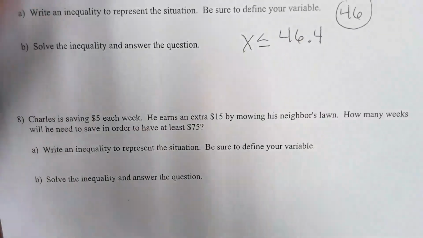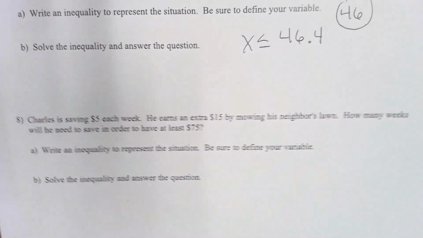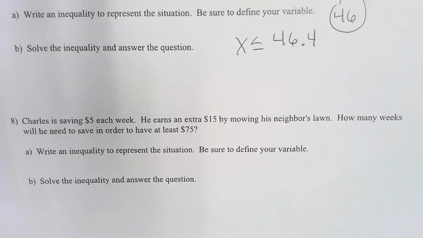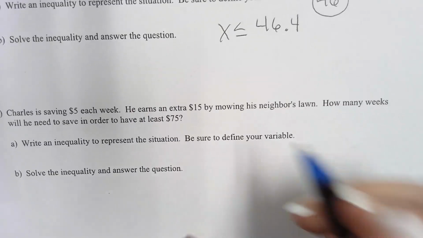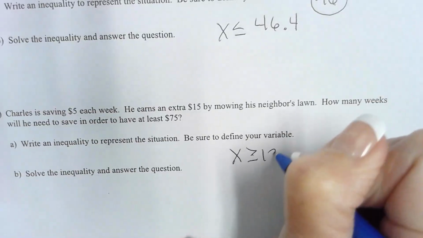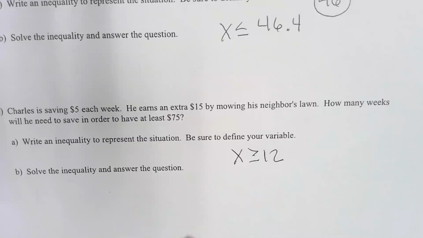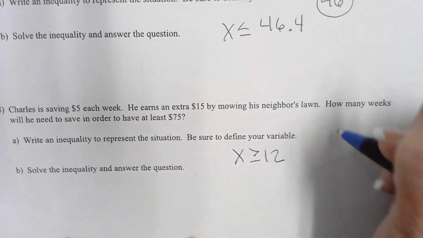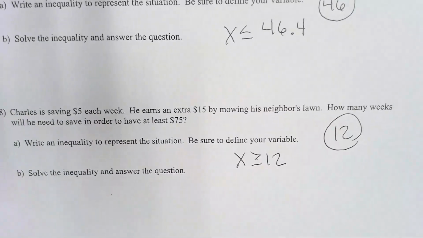And last but not least, how many weeks will he need to save in order to have at least $75? The answer we found is x is greater than or equal to 12. How many weeks would he need to save money? 13. Well, 12, there's an equal to bar. Y'all, at 12 weeks, he will have the money he wants. We good? All right.